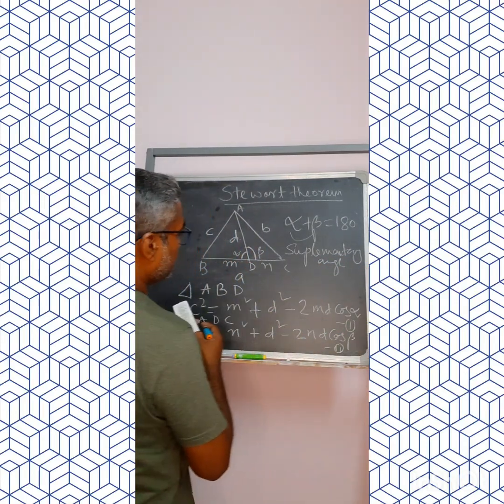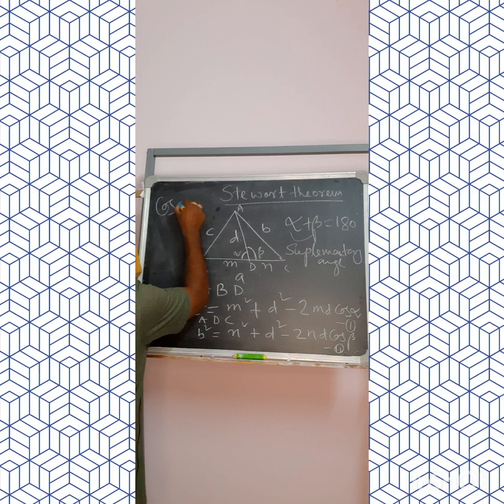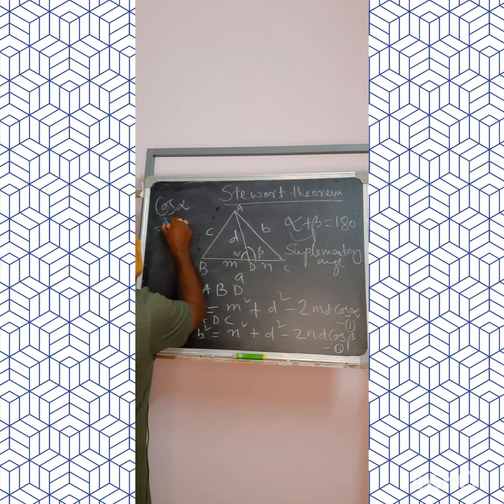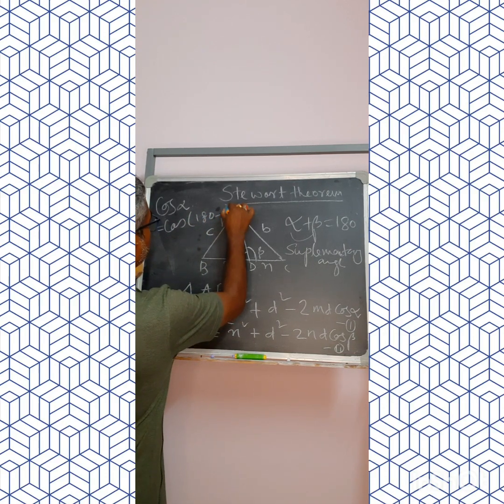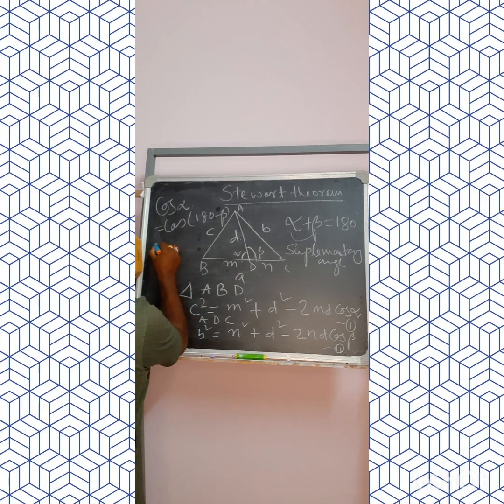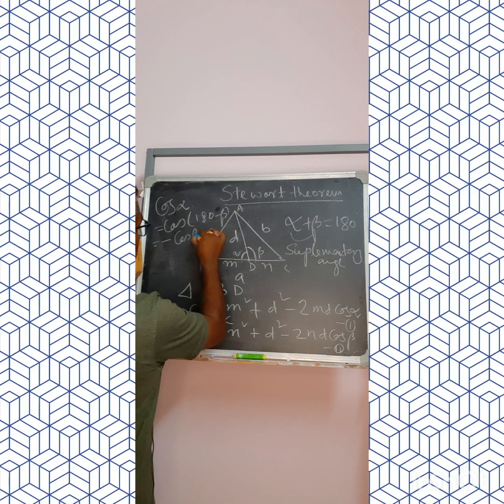So for supplementary angles, let's see how the cosines are related. Cos alpha, which is equal to cos of 180 minus beta, is nothing but minus cos beta as per the theorem.